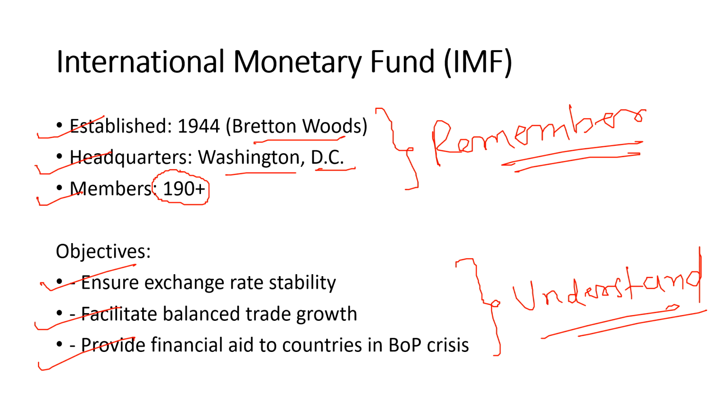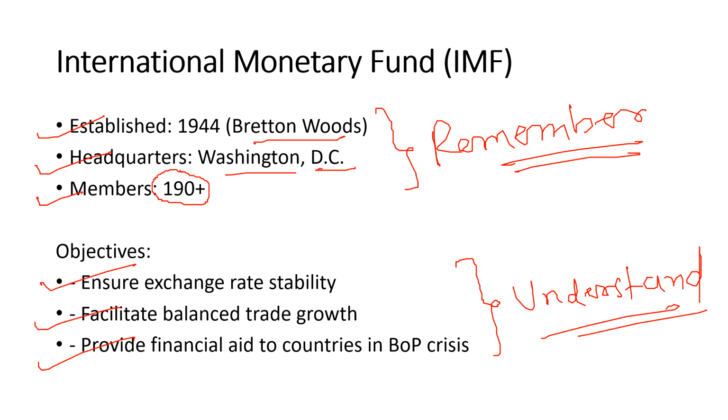How is it doing this? IMF is providing the SBA, then EFF, RFI, okay? What are those? These are the programs: SBA, standby arrangement, then EFF, extended fund facility, RFI, rapid financial instrument. These are the programs that IMF is providing for those countries who are in the crisis of BOP.